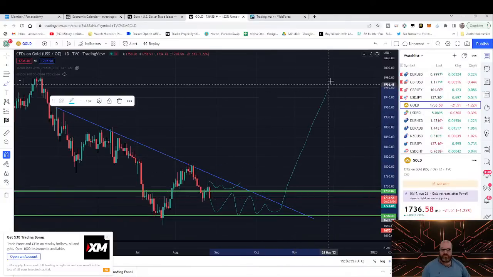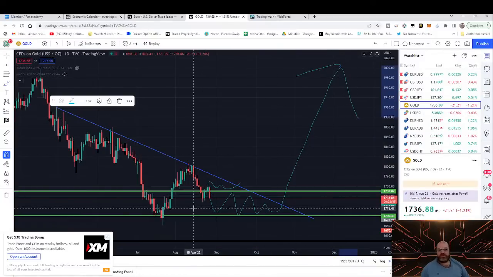I'm waiting for gold to shoot up to the 2000 again, but there might be a longer time we need to wait for this nice long trade, because when gold starts to shoot up, it will move fast.